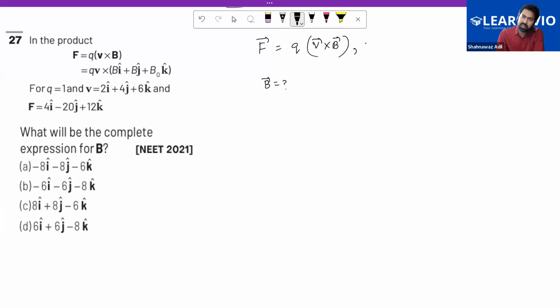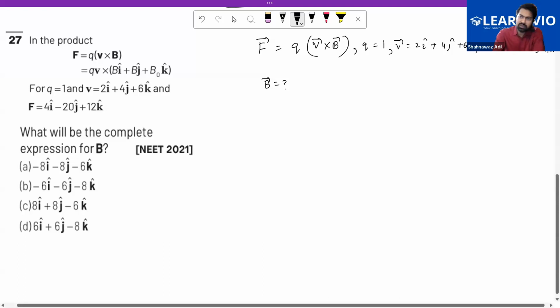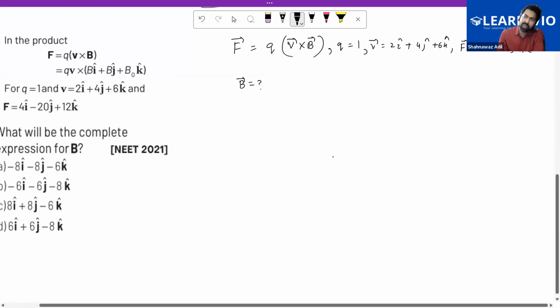We know that Q is 1 and v is 2i plus 4j plus 6k, and F is 4i minus 20j plus 12k. So these are the values which are given.